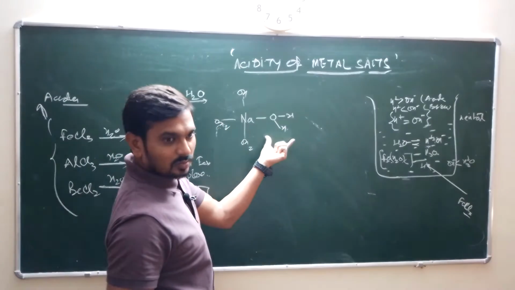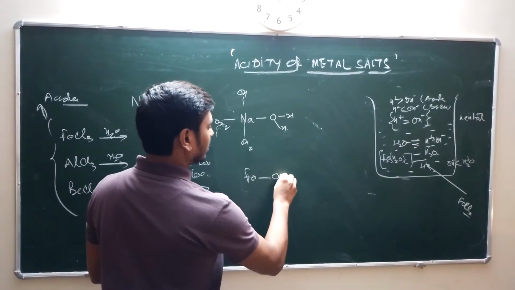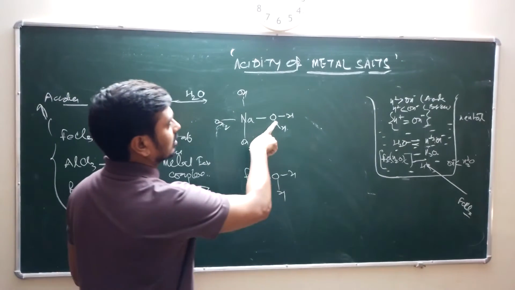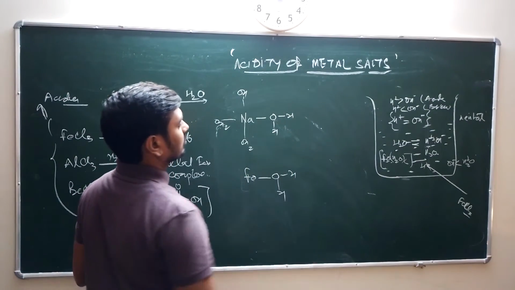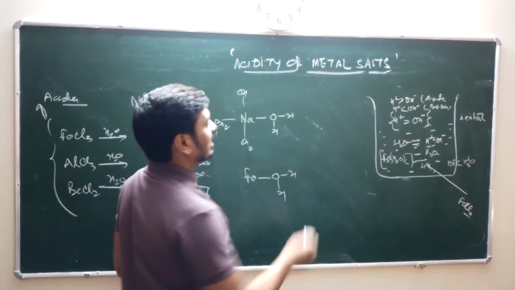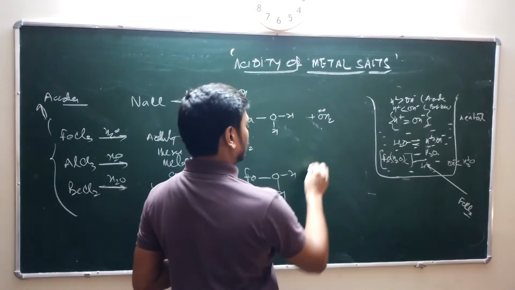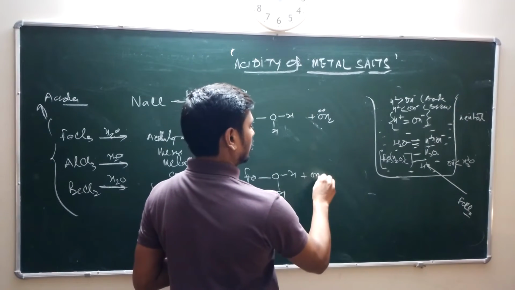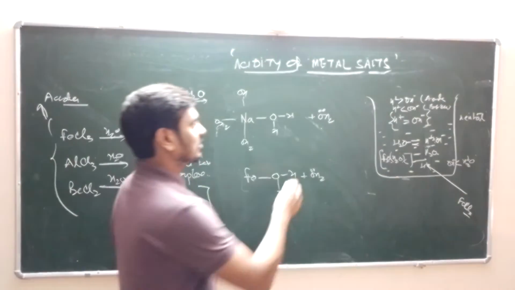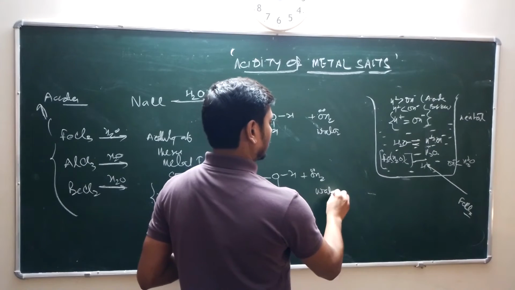I am just considering one bond, and let's say this is the iron one, and here the bond involved is this one. Now, react these three ions with the water molecule. OH2, OH2, OH2, this is simply water.